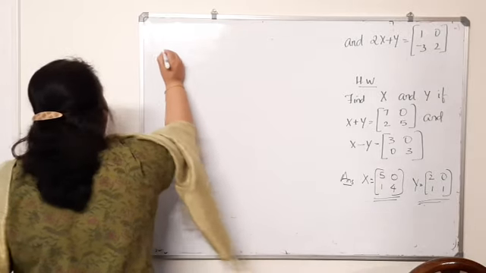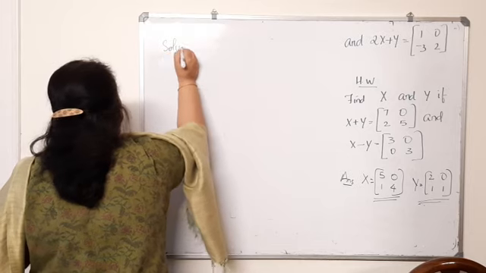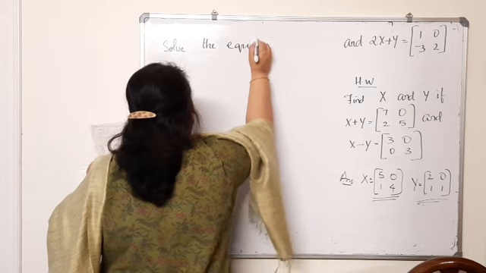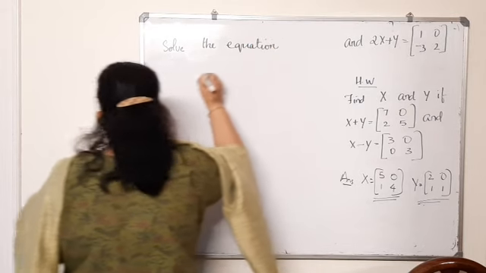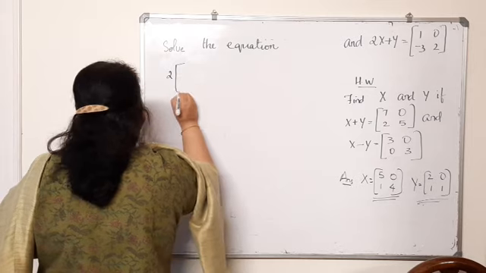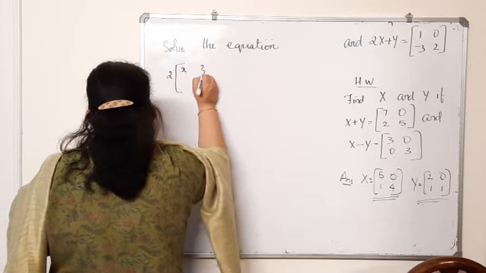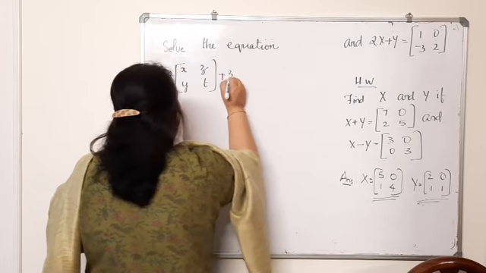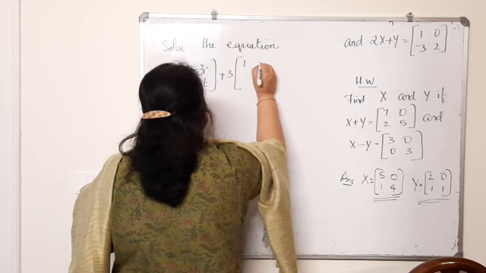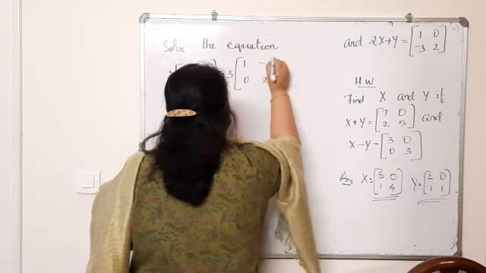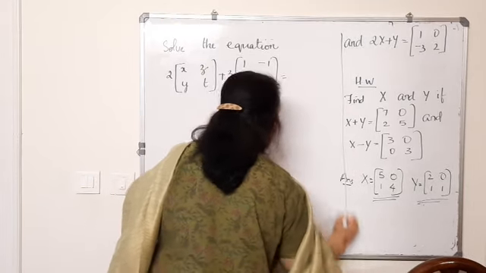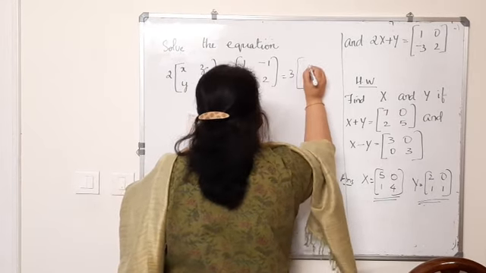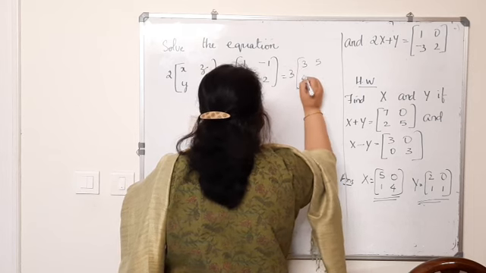Solve the equation: 2 times matrix x z y t plus 3 into matrix 1 minus 1 0 2 is equal to 3 into matrix 3 5 4 6.